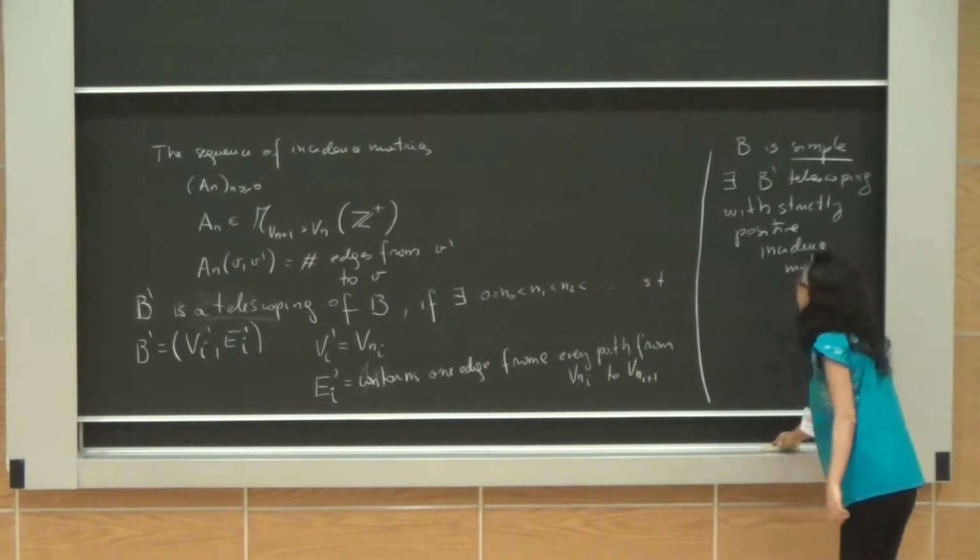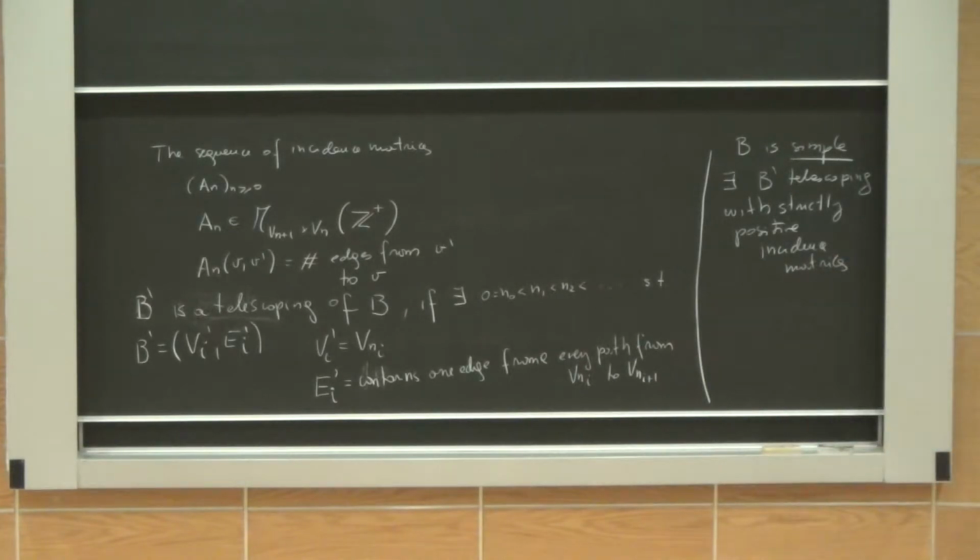And from here, we are going to define the set of infinite paths, like yesterday. So XB will be the set of all sequences of edges which are paths.